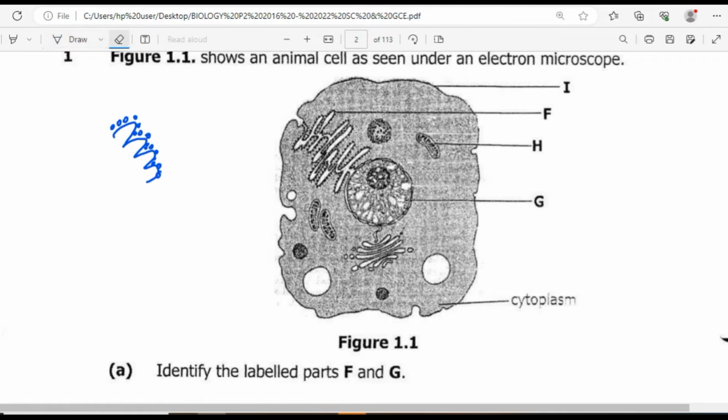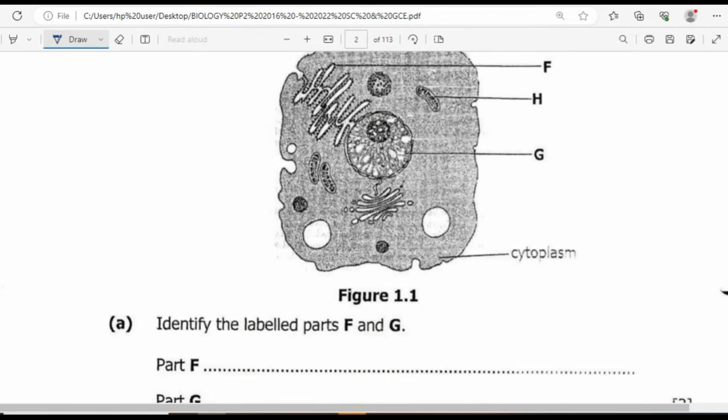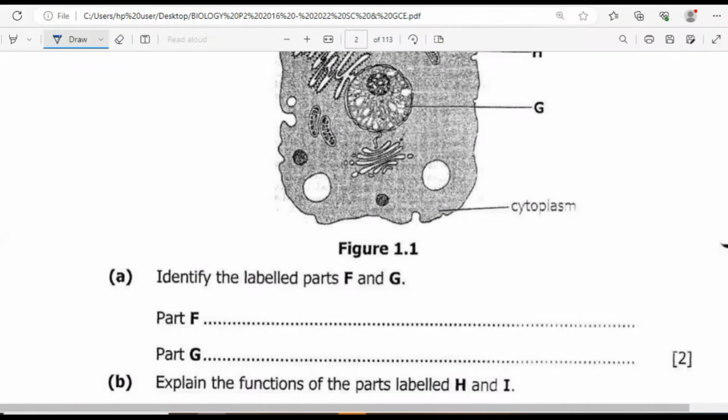The rough has ribosomes on the surface, while the smooth does not have ribosomes on the surface. So that's what you have to use whenever you are trying to differentiate the rough from the smooth endoplasmic reticulum. So part F is rough endoplasmic reticulum.